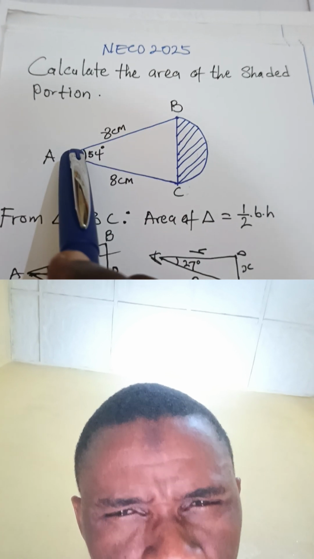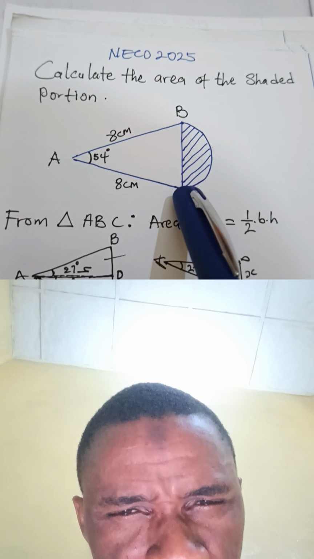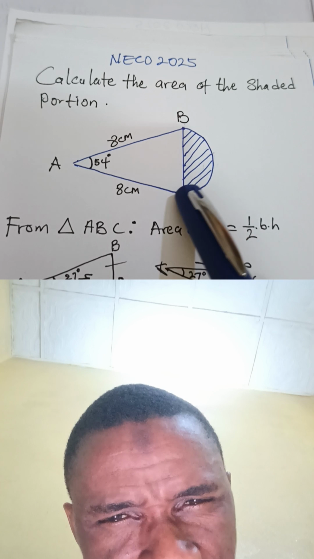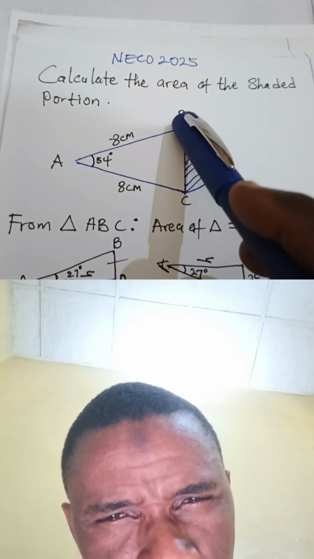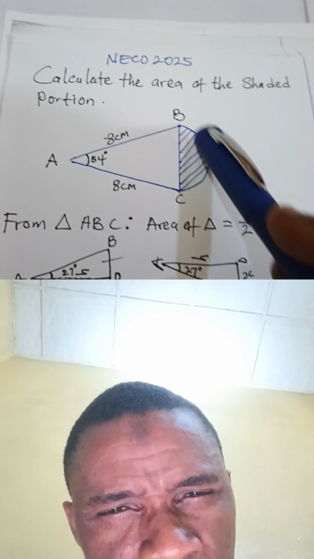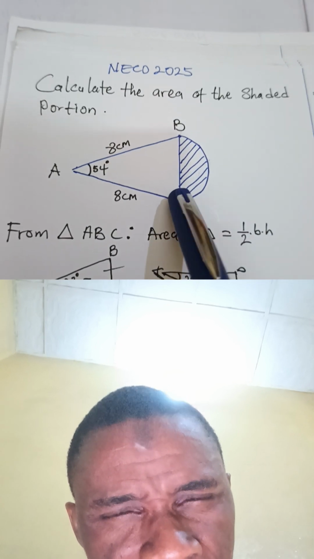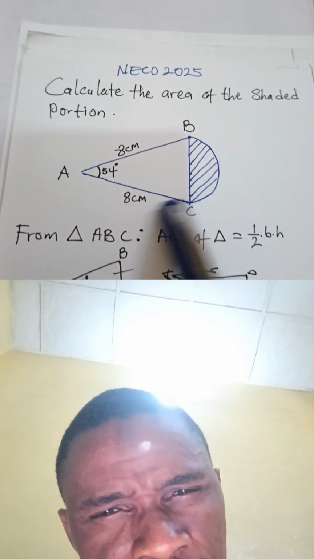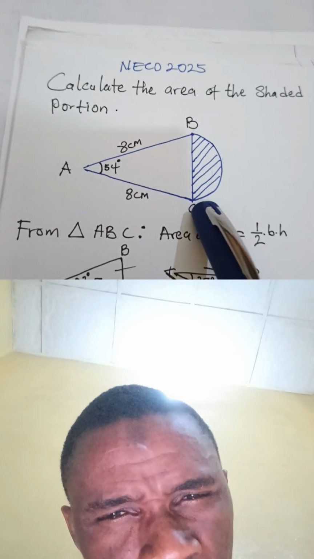So this seems to be the center of that circle. Because it was removed from the circle, it's going to be like an ice cream shape. So from the center to the circumference is what?